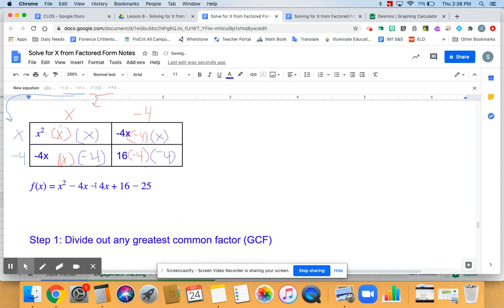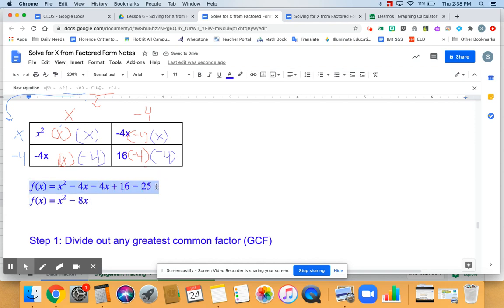So now to finish it out to get it into standard form, I have to combine like terms. This is the only x squared in my whole equation, so it has nothing to combine with. It's just x squared. But here's -4x, and here's another -4x. And -4x minus another 4x is -8x.